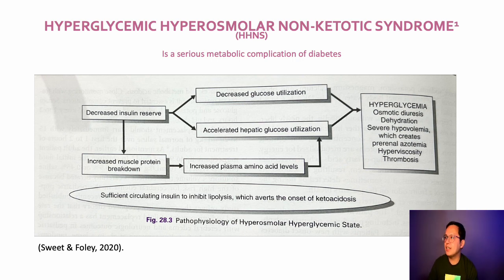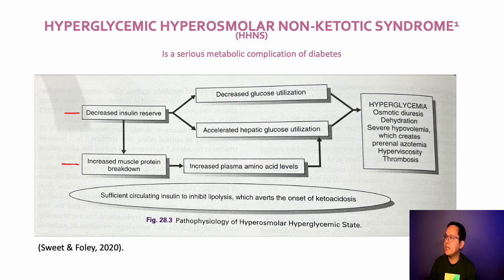Okay, so let's start. Here I have a diagram, the pathophysiology of HHS by Sweet and Foley. What you see here is a decrease in insulin reserve. So what happens is the body then breaks down the protein, which increases the plasma amino acid levels.